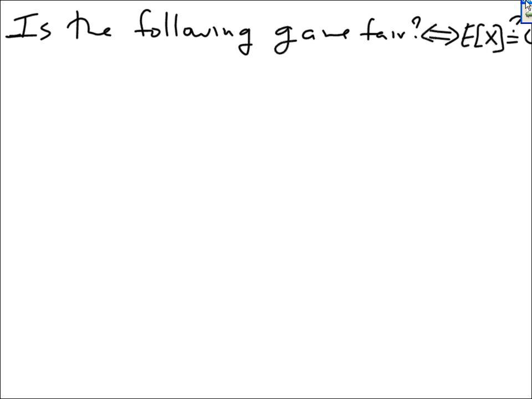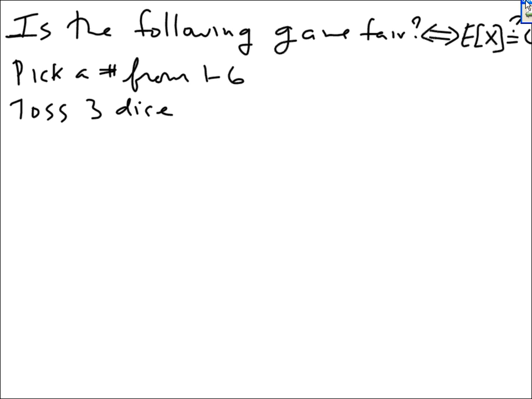Now, here's the game. Pick a number from 1 through 6. And you toss 3 dice. For each time your number comes up, you win some money.